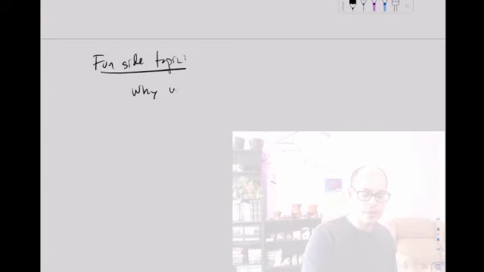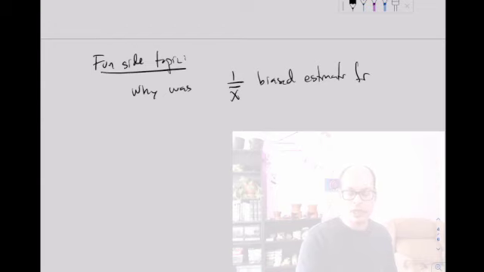So just as a fun side topic, why is 1 over x bar a biased estimator for lambda, which turned out to be 1 over the population mean?